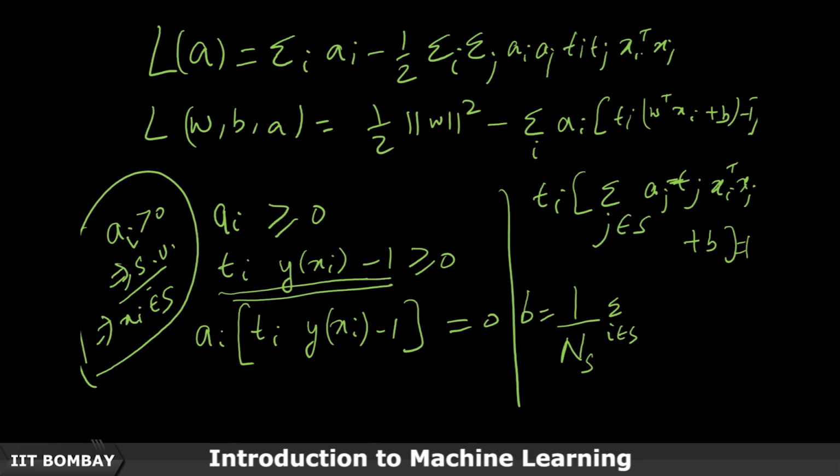And for these points we can define the bias in terms of these points, and it will be t_i minus the sum of all the points belonging to the support vectors. Notice that we are taking pairs of support vectors now, because everything will be in terms of dot products. So we will have a_j t_j times x_i transpose x_j, and that will be the bracket close. So that will be the value of the bias b.